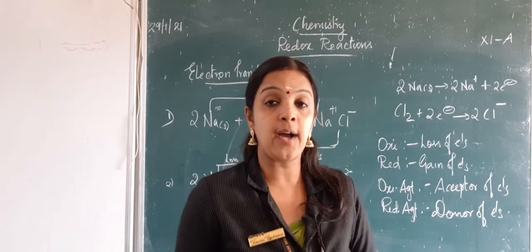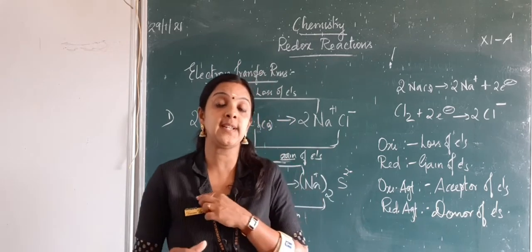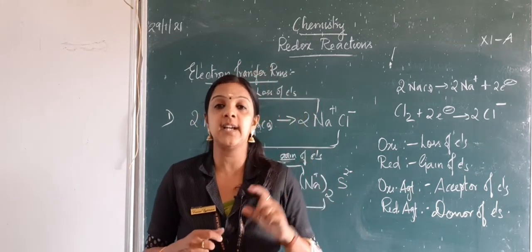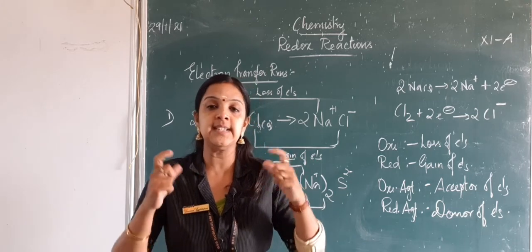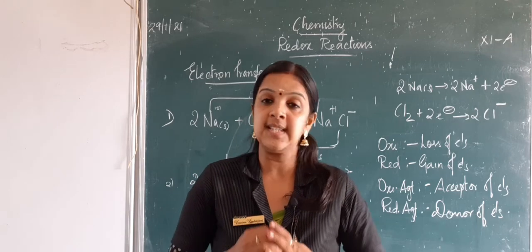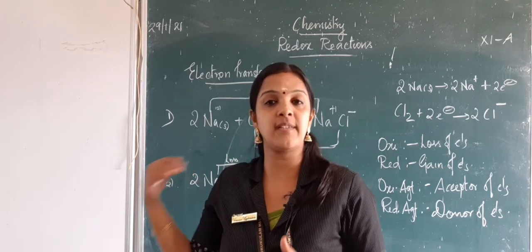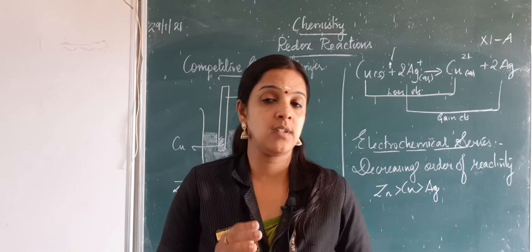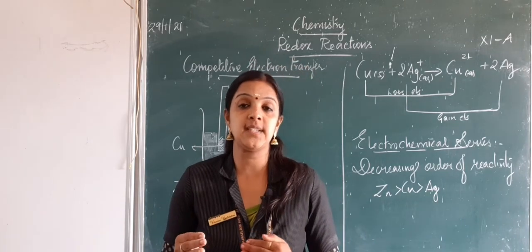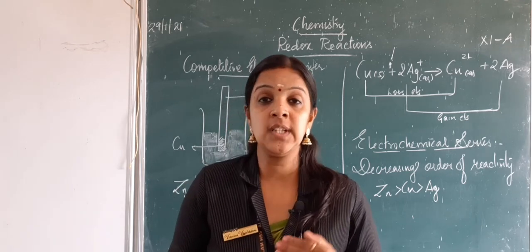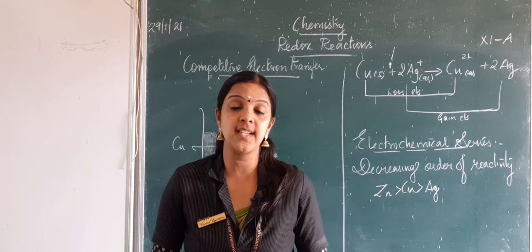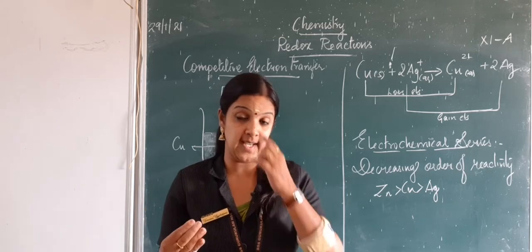Now we will learn about the competitive electron transfer that is happening in the electrochemical series, which we have already learnt in our 10th standard. So let us learn in detail exactly what is happening in an electrochemical series with respect to our redox reactions. Children, now we were seeing about the electron transfer that is taking place in the redox reaction, and what are oxidation, reduction, and what is an oxidizing agent and a reducing agent.